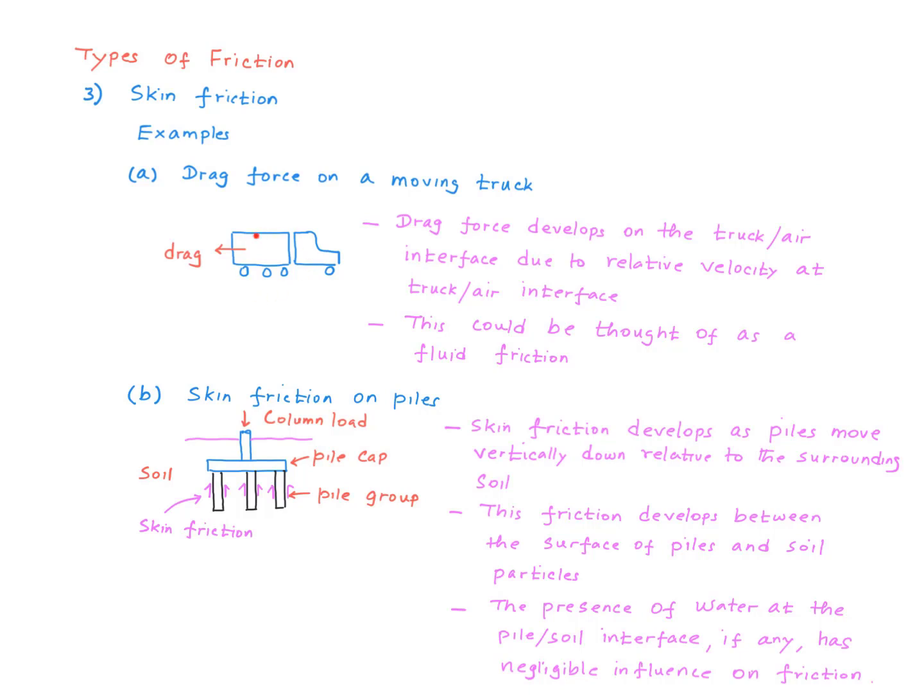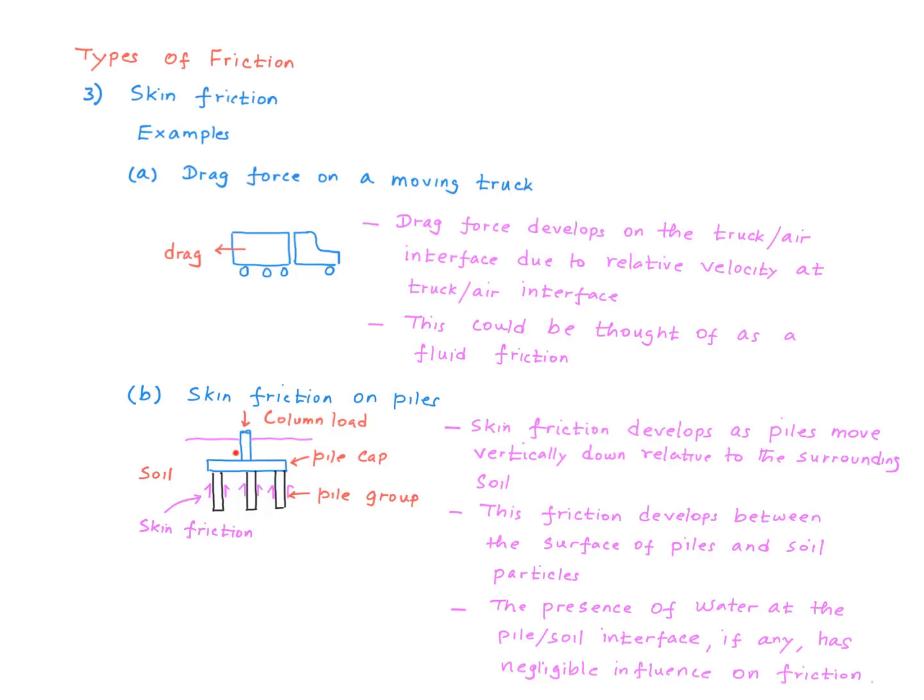In the first example here, we have a moving truck. This moving truck produces a relative motion between its surface and the surrounding air, right? And that relative motion produces a frictional force resisting the motion of the truck called drag force. Air is a fluid. You will learn this in your fluids course. So you could think of this as a fluid friction, because this friction originates from the relative motion between air, which is a fluid, in contact with the solid surface of the truck.